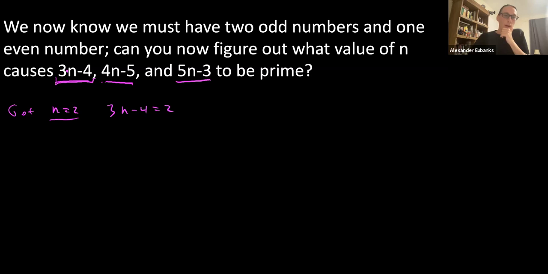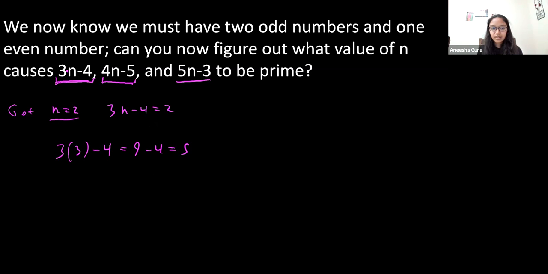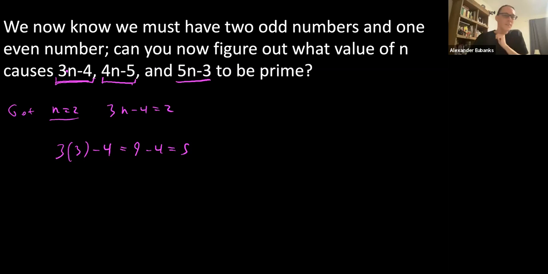So you're right. It could be either even or odd, but you've established that 3n minus 4, well, you say this has to be even. Not necessarily. Look, if I plug in 3 here, 3 times 3 would be 9 minus 4, which would be 5, right? Yes.